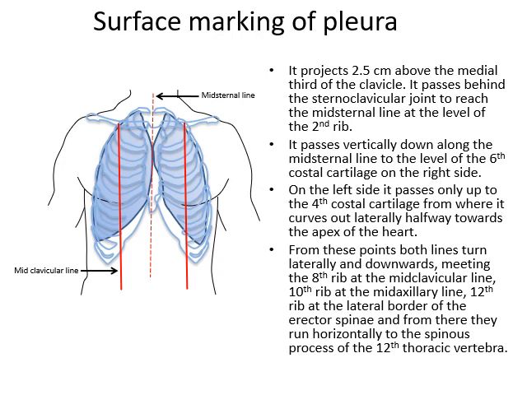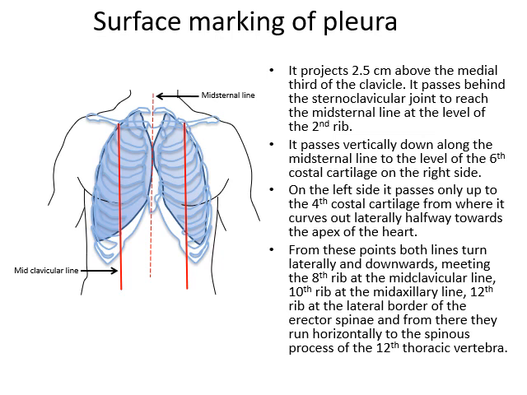So it starts here, 2.5 centimeters above the medial third of the clavicle, and then goes down, behind the sternoclavicular joint, and then towards the midline, reaching the midline at the level of the second rib or the second costal cartilage.